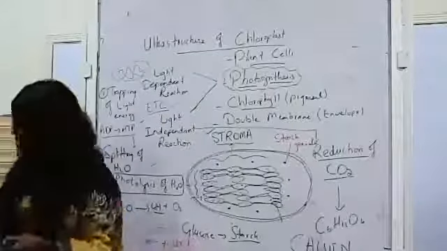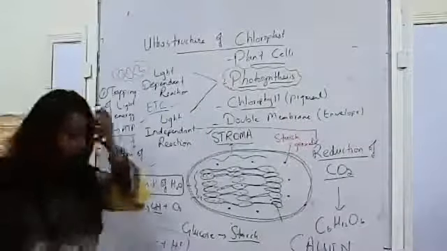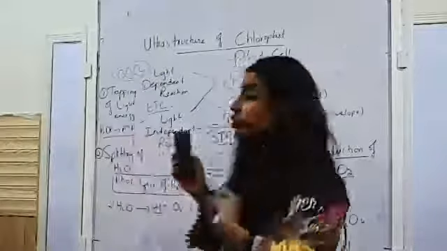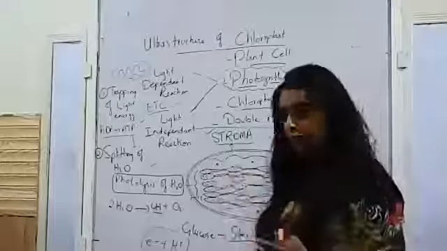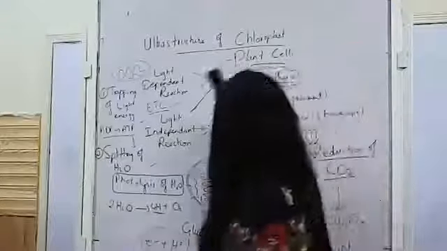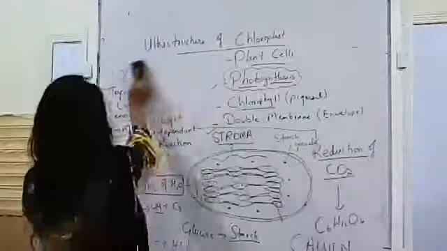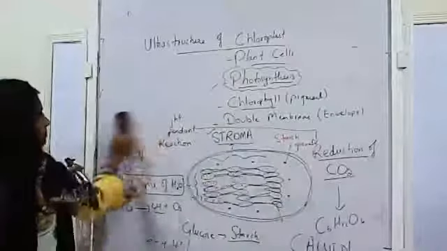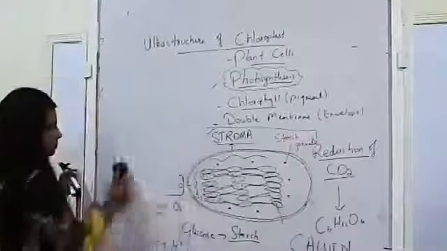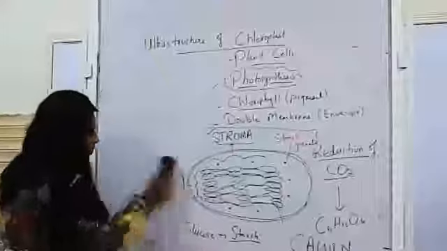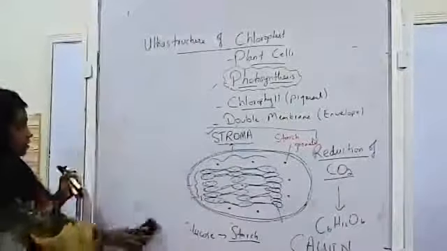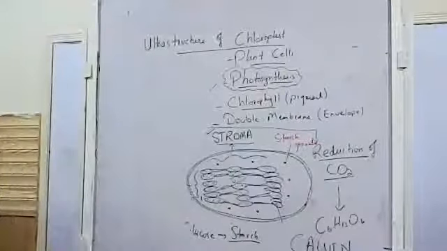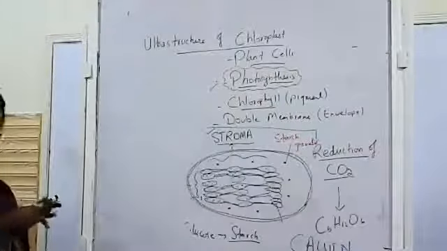Now, the last linkage with the mitochondria, that is the endosymbiont theory, right? How endosymbiosis is linked to this as well. I'll just quickly erase this part. Now, what happens? As you all remember, the endosymbiont theory. Endo means inside, symbiont means a mutual relationship, right?